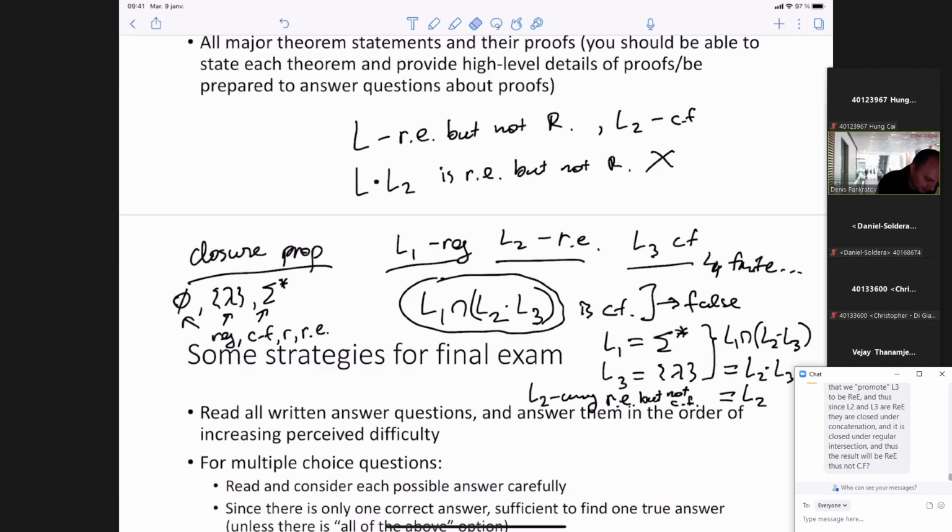As a counterexample, L2 could be the empty set.